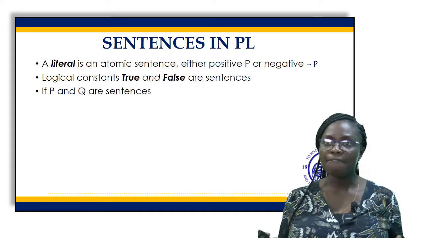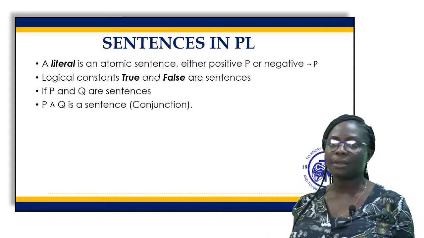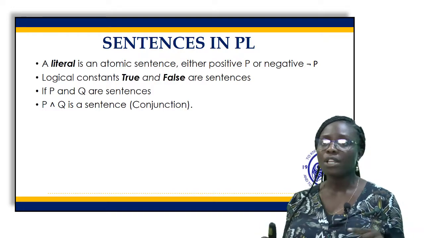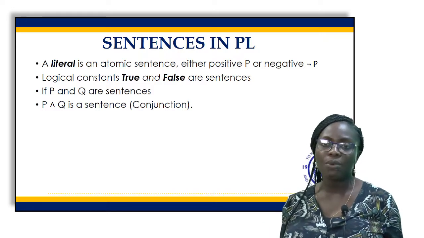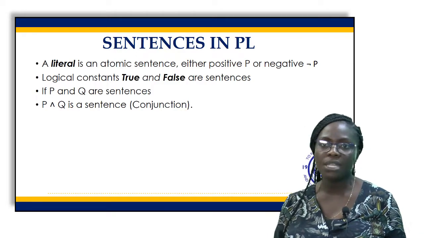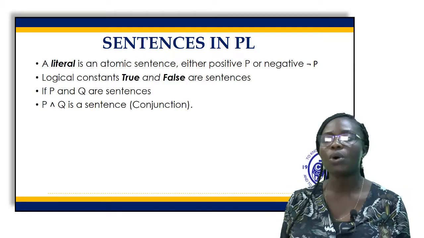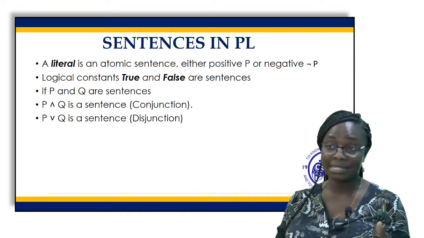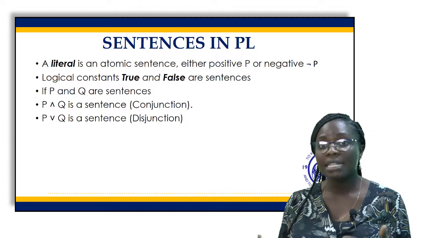So then, assuming that P and Q are sentences, when we use the and symbol and put P and Q together, we are carrying out what we call a conjunction. If we say P or Q is a sentence, then we are looking at the disjunction.